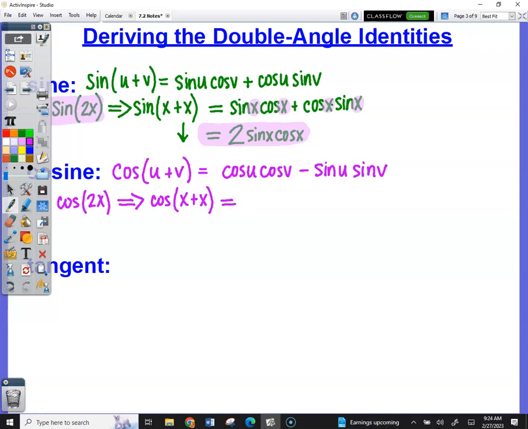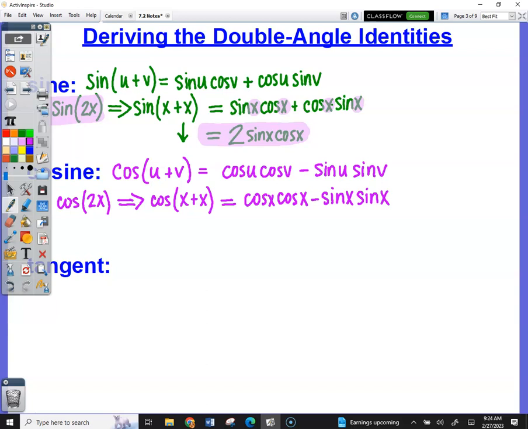Now I'm going to apply the formula. Instead of u and v, I just have x. So copying the exact same formula, but everywhere there's a u, I'm putting an x. Everywhere there's a v, I'm putting an x.